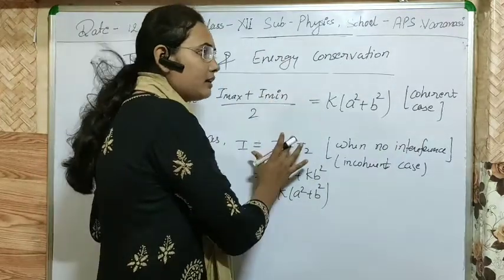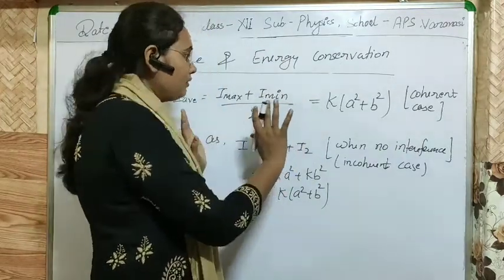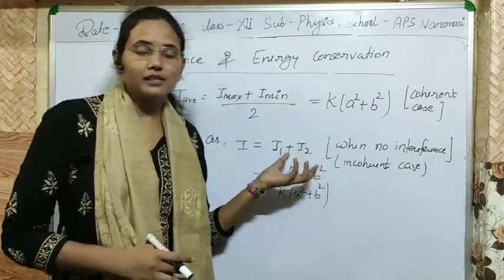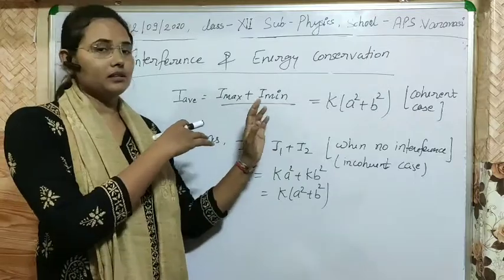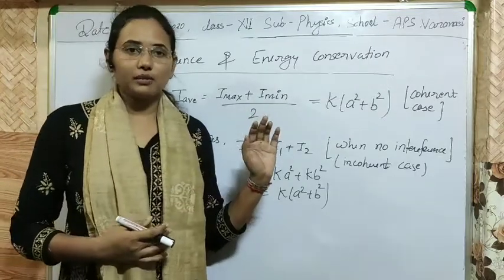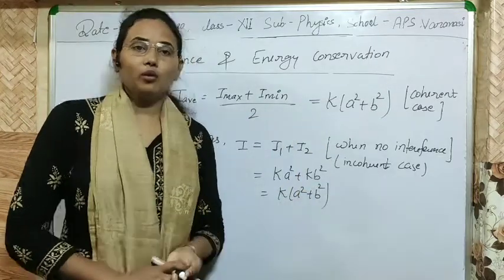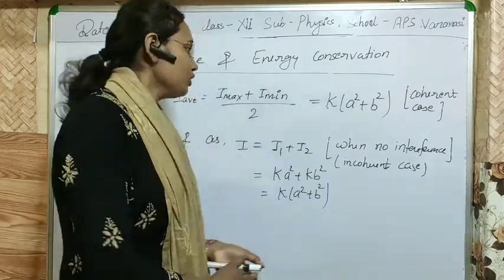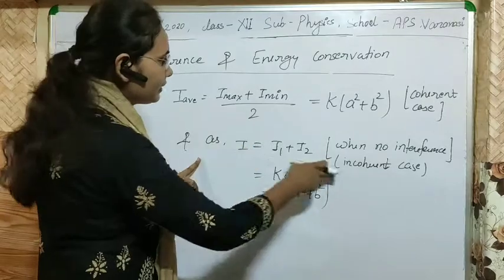we can see it from the expression of energy or intensity from the calculation I have done in Young's slit experiment, and in coherent and incoherent sources, addition of light sources. Okay. So firstly see the second term.